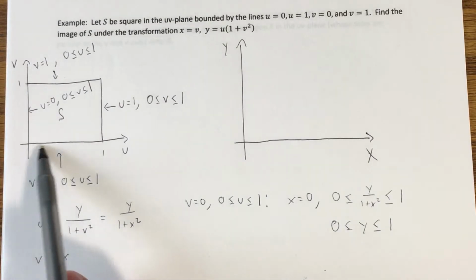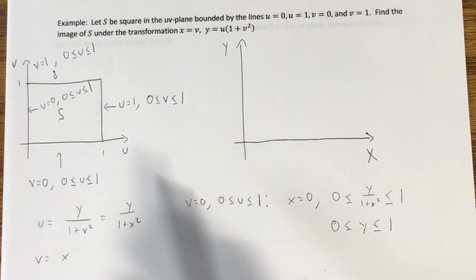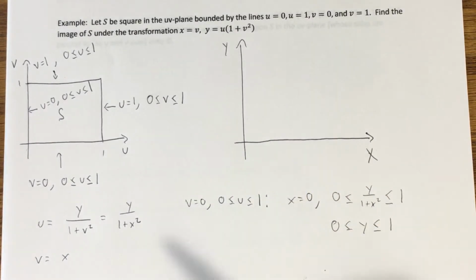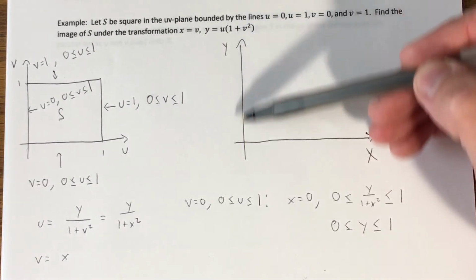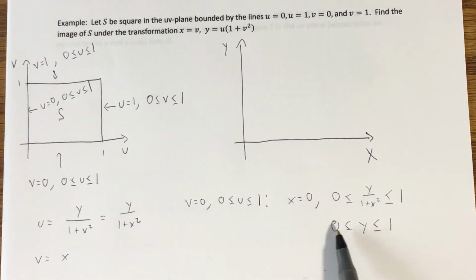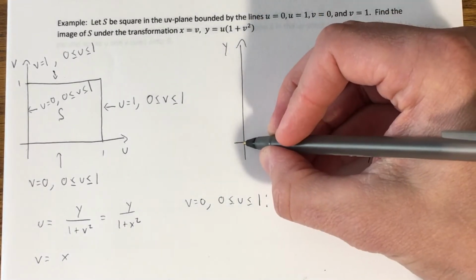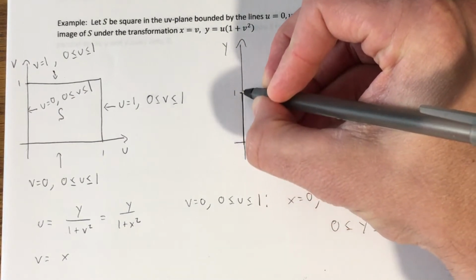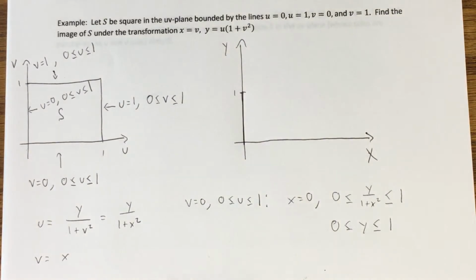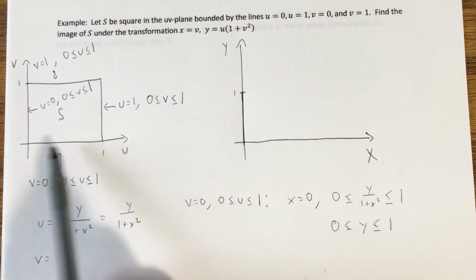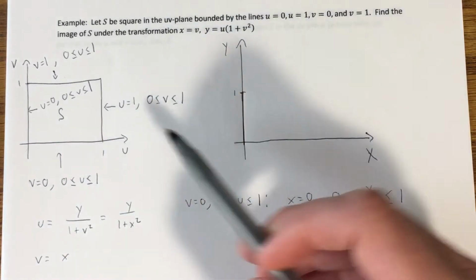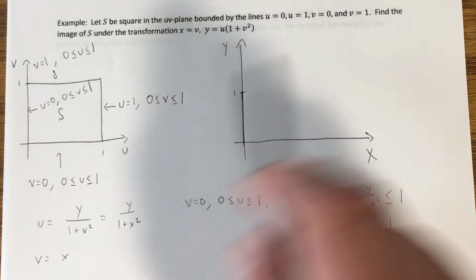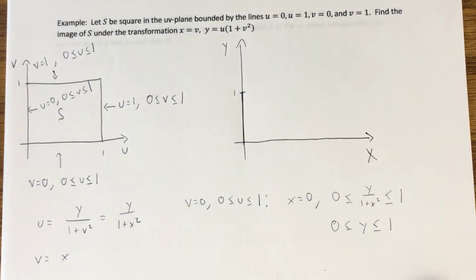So this part of our boundary maps to a boundary in the xy plane where x is equal to 0. Think of the line x equals 0. That's the y-axis, where y goes from 0 to 1. So as y goes from 0 to 1, we're talking about this part of the y-axis. So this edge of the boundary of S gets mapped to this edge of the boundary of this new region, which I haven't given a name to.